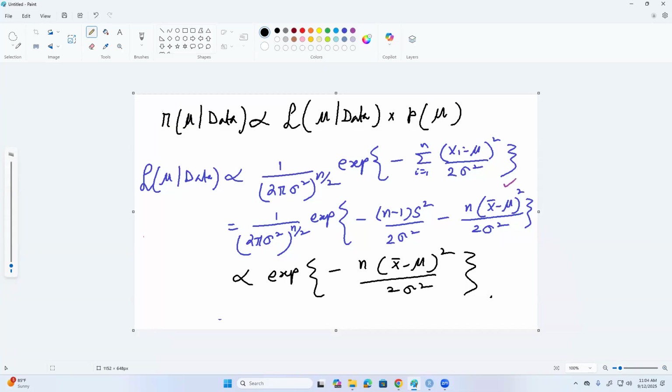X bar is the sufficient statistic for mu. Sorry, again, I used X notation, but it should be Y bar. Data you can denote by X1, X2, Xn or Y1, Y2, Yn, whichever you like.